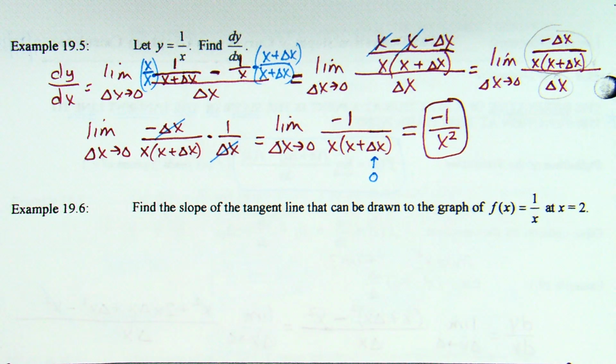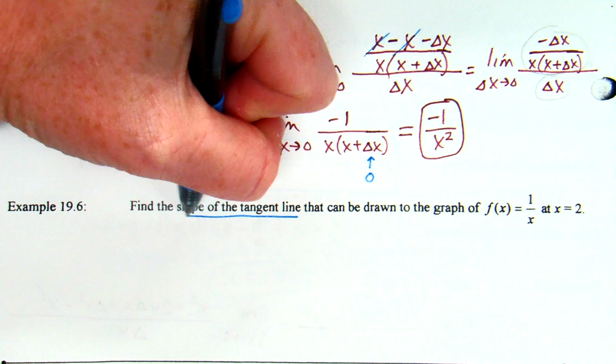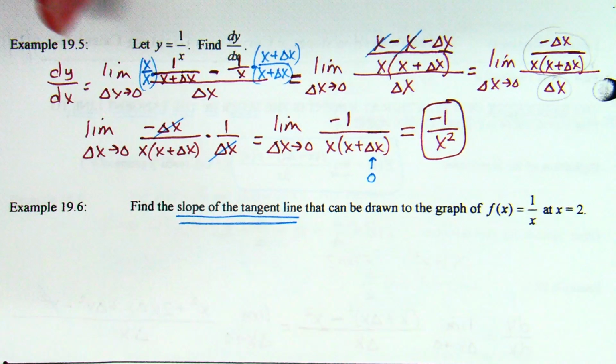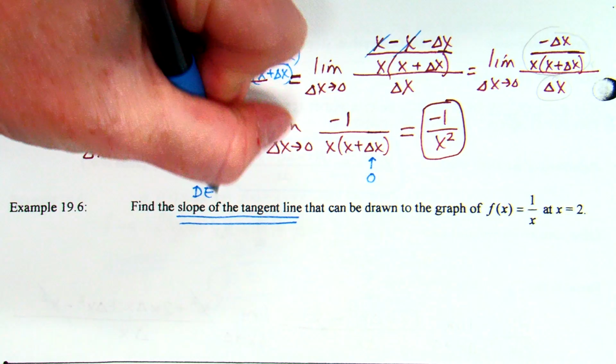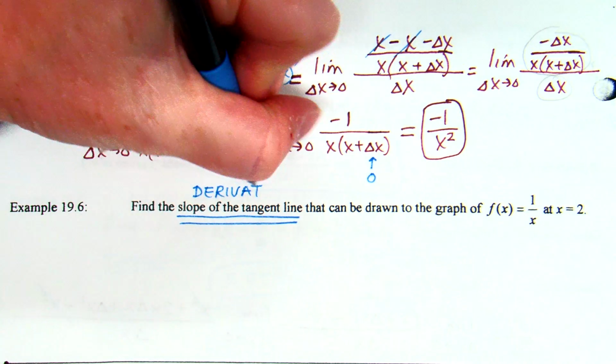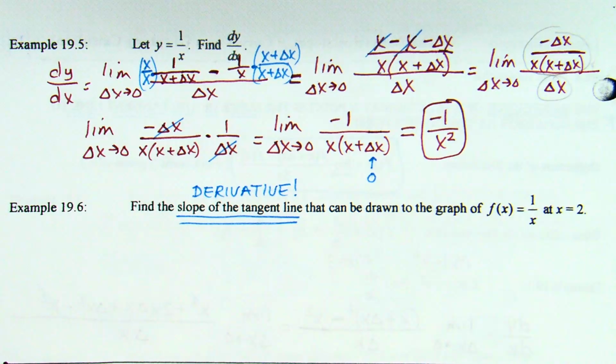Plug the 2 into the negative 1 over x squared. Because, what do we need to connect here if you haven't? Slope of the tangent line is the derivative, right? When they say that, they're saying find the derivative at this point.